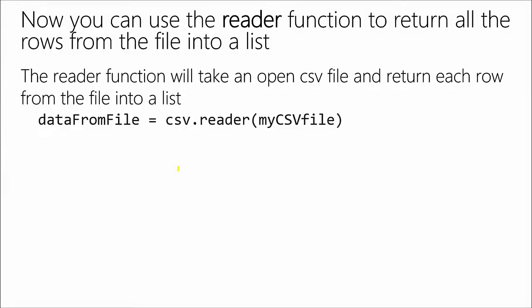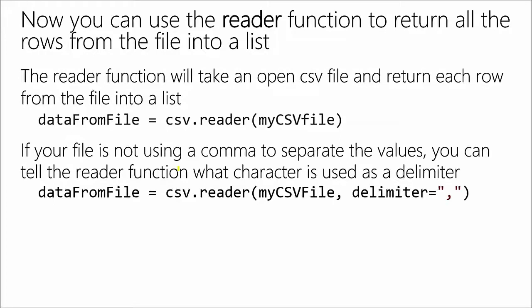What the reader function will do is return all the rows that were inside the file, but instead of one big giant string, it returns them as a list. And we just learned a little earlier how we can process and work through lists. It does assume by default that you're using a comma to separate the different values in your file.